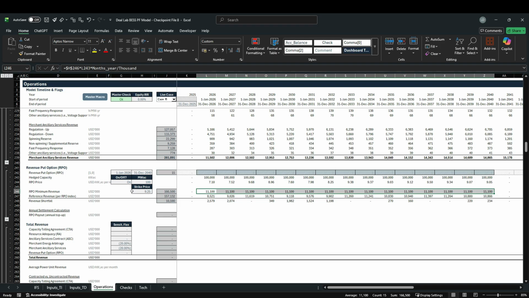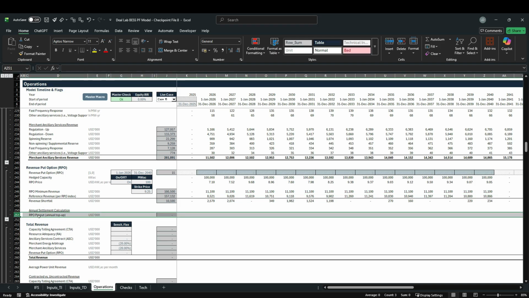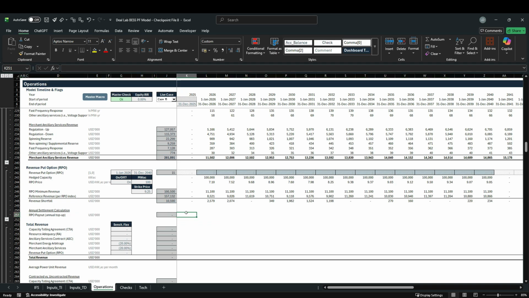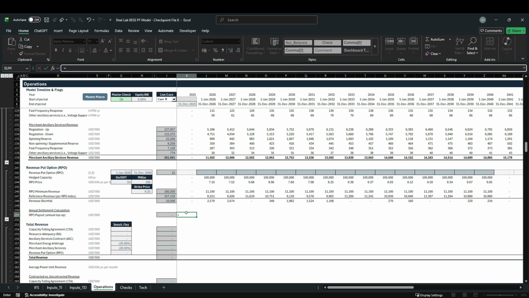And to wrap things up, let's only model now our actual RPO payout, which is an annual top-up. And that's going to be equal to the minimum of our revenue shortfall right here and our RPO minimum revenue. And we take the minimum here because we assume that our option will not pay out anything beyond this minimum revenue.